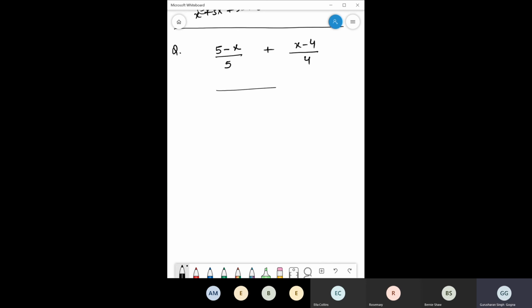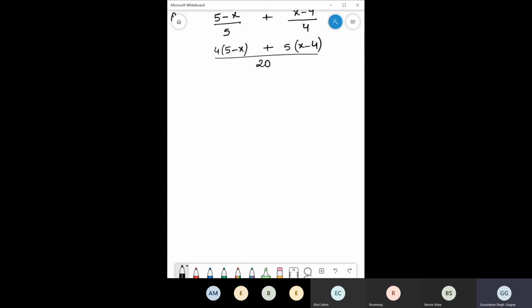So first thing is I need to take the LCM. 5 and 4, they don't have anything common. So 5 by 4 is 20. That would be your LCM. And then the same process, 20 divided by 5 is 4. So you multiply 4 on the top, but use bracket because you have multiple expression there. And then 20 divided by 4 is 5. So you will get 5 multiplied by x minus 4.